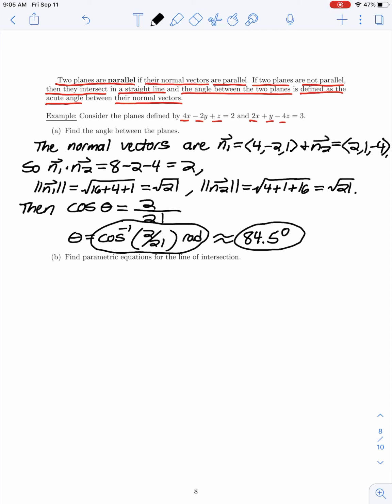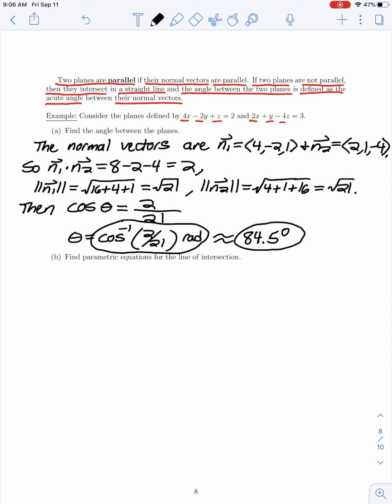Now in part B, we're asked to find parametric equations for the line of intersection of these two planes. So as we were saying, if we have two planes in space which are not parallel, then they intersect one another, and the intersection of two planes would be a line. And what we're interested in is parametric equations for that line.